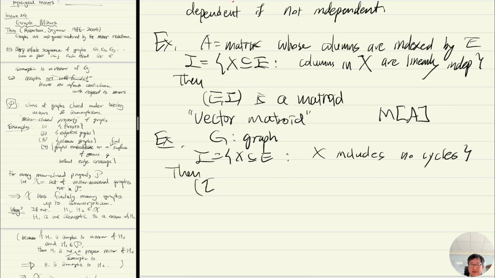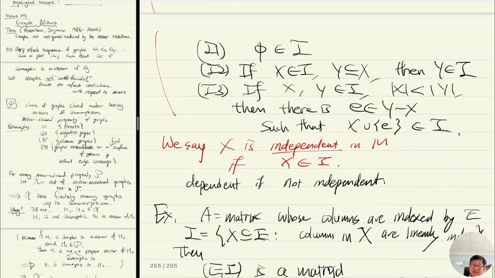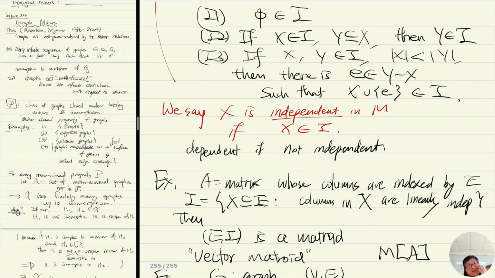Then this set system is also a matroid, and this is called the cycle matroid, and we write M(G). So why is it a matroid? Because the first two axioms are easy. If you have a set of edges without cycles, then no subset has cycles.